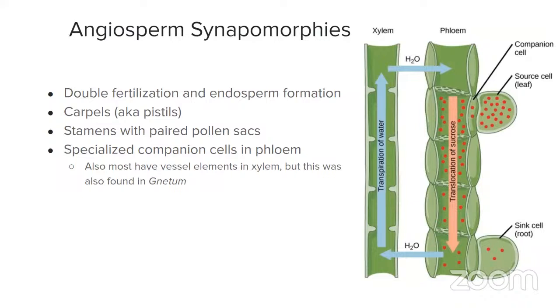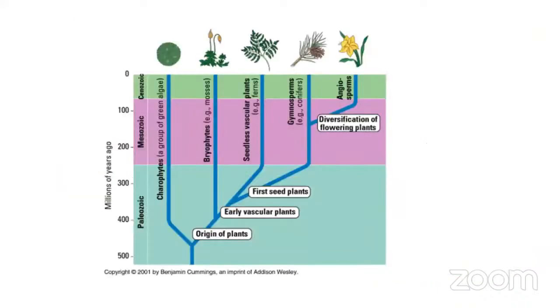We're also going to see stamens with paired pollen sacs, and specialized companion cells in the phloem, as well as vessel elements in the xylem. Vessel elements are not listed as a synapomorphy of angiosperms, though, because they were also found in Gnetum, which was one of our gymnosperms, potentially depending on how we reconstruct the phylogenetic tree.